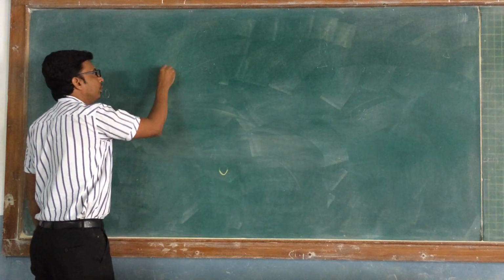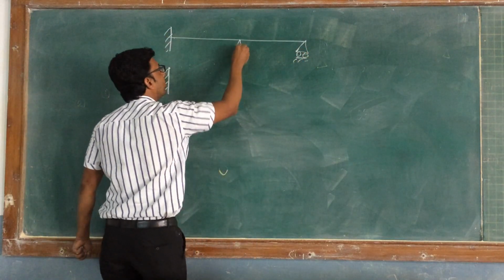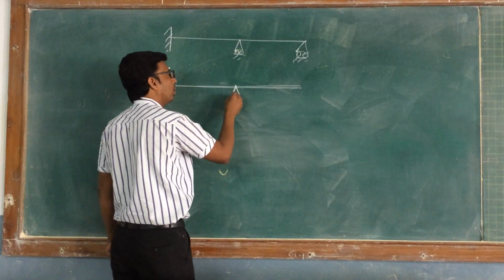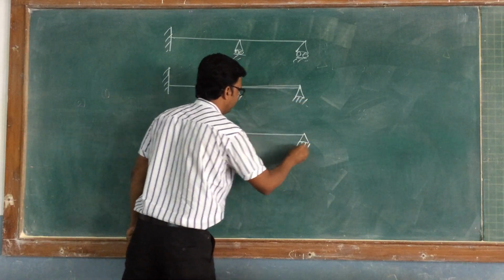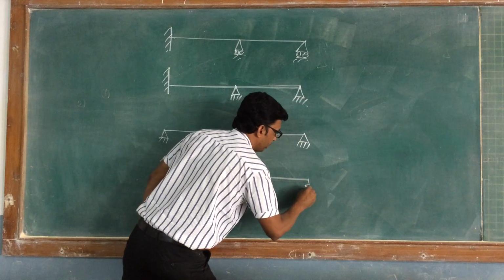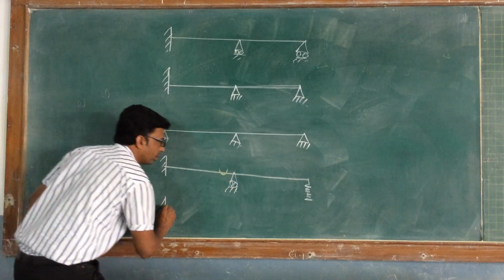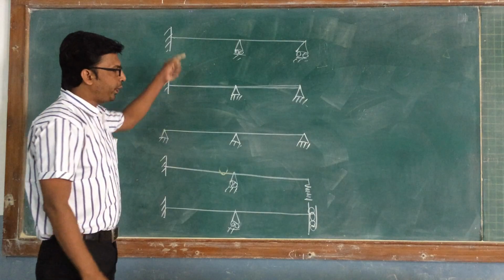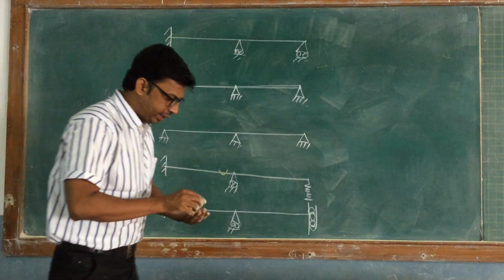So if you look at these 5 different types of beam I have drawn, the question is to write down DKI, degree of kinematic indeterminacy.